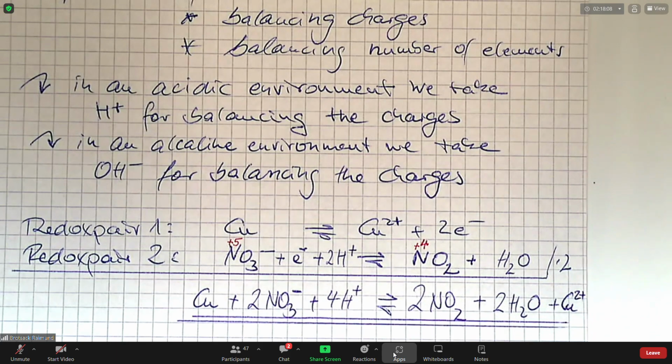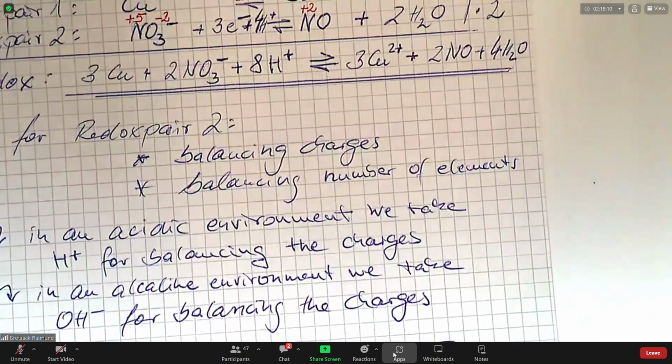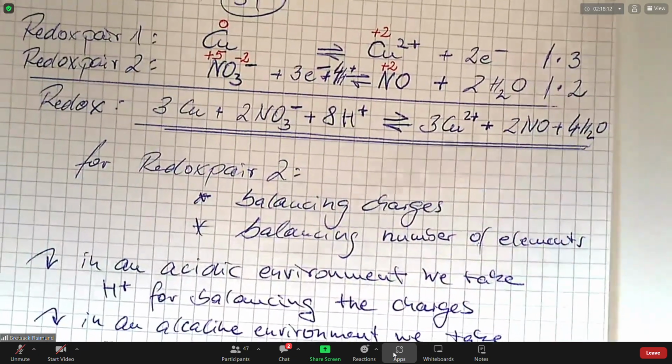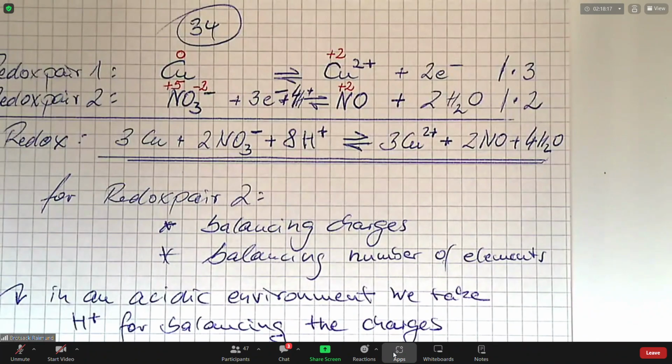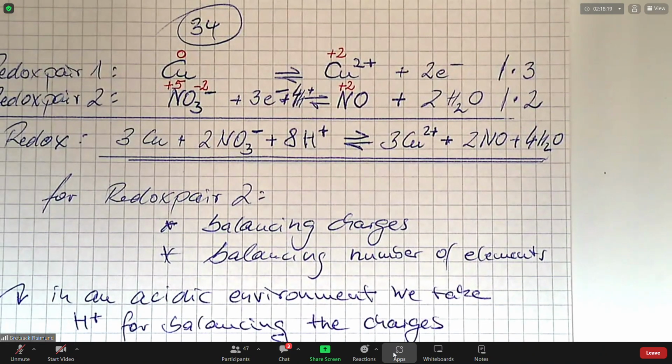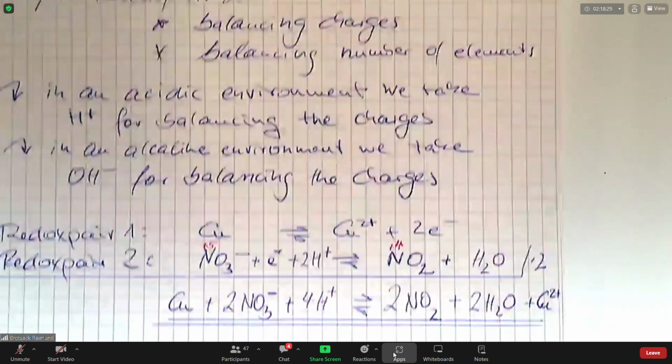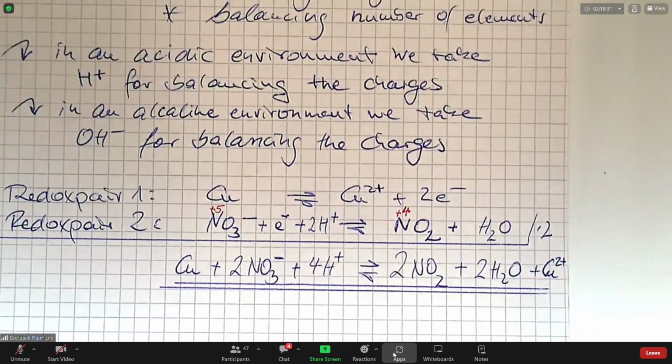Now we come over to discuss the principles of a battery. Because the battery, at the end, it's a redox reaction. But to understand, we start with a simple example, which we call the galvanic cell.